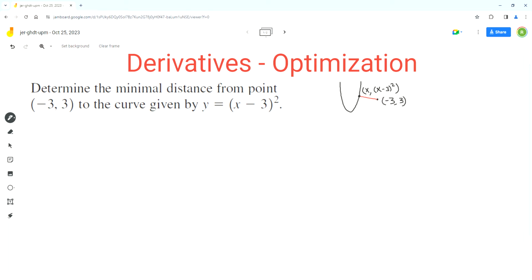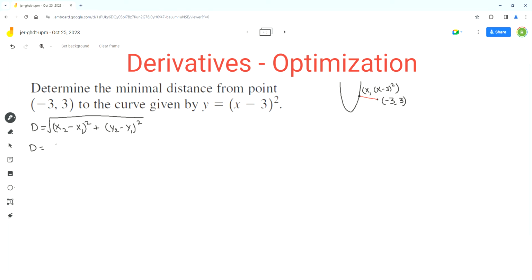Now we can find the distance between these 2 points, the point on the curve and the given point, using the distance formula. And the distance formula is the square root of (x2 - x1) squared plus (y2 - y1) squared. Now here we can use x2 and y2 as the point on the curve.